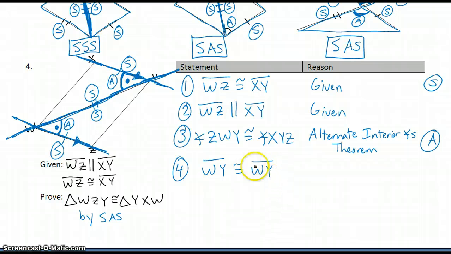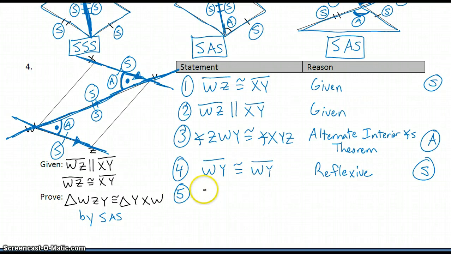What property allows me to say that WY is congruent to WY? Well, that's the reflexive property. A line segment is congruent to itself. It's this shared side between both triangles. That's enough to prove that my triangles are congruent to each other.